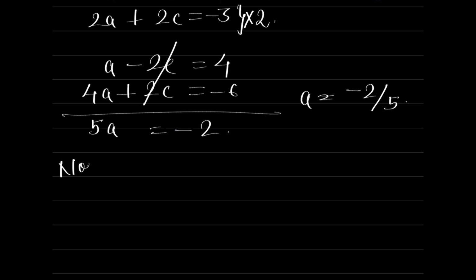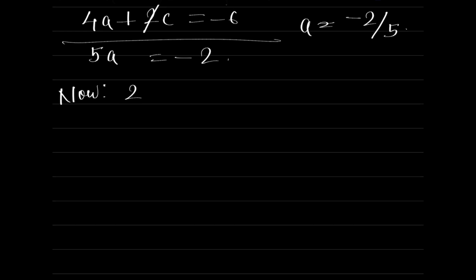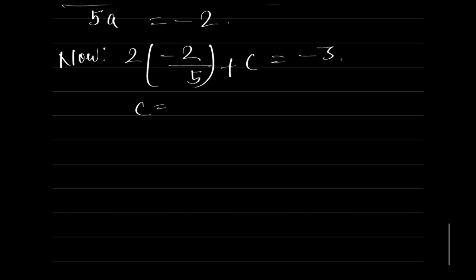Now 2 into -2/5 plus C is equal to -3. We will get C as -3 plus 4/5, which is equal to -11/5.